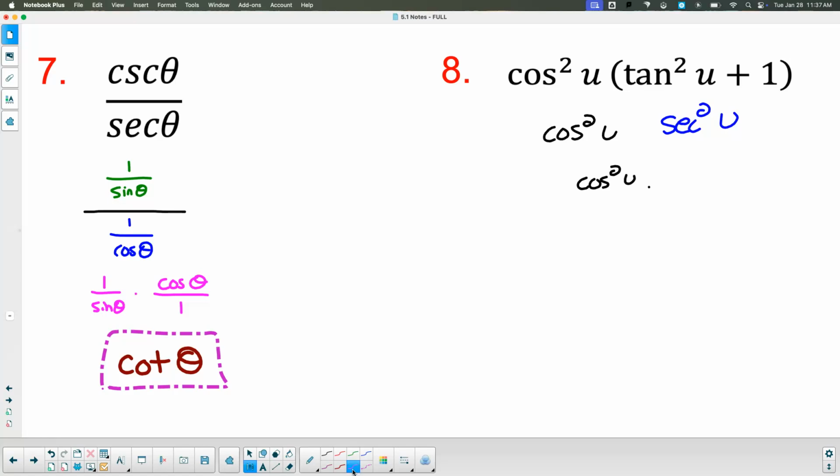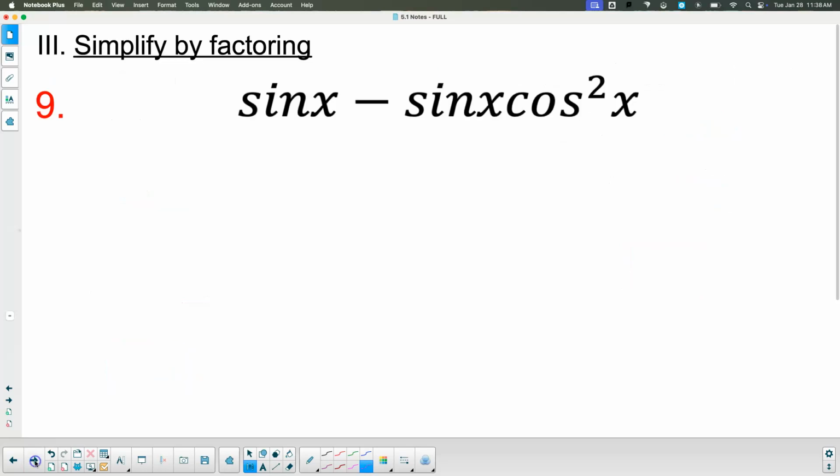Secant is 1 over cosine, so secant squared is 1 over cosine squared. Cosine squared divided by cosine squared is just 1. One more.